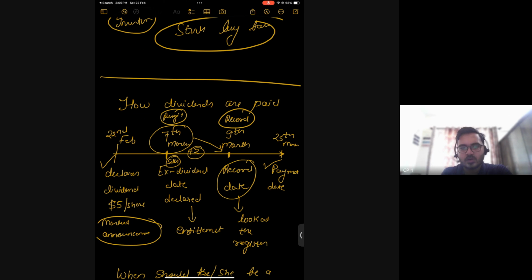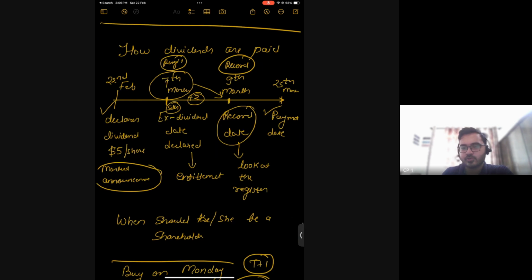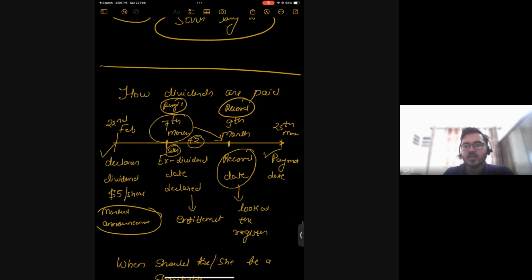If I am an owner on ex dividend date, then I get dividends. If I'm not an owner on ex dividend date, I'll not get dividends, because only an owner as of ex dividend date will be recorded on the record date, because it takes 2 days to facilitate the transaction, right? So anyone who is not an owner on ex dividend date will not get dividends. Anyone who is an owner on ex dividend date will get dividends.